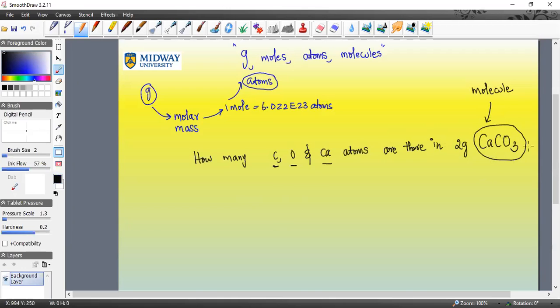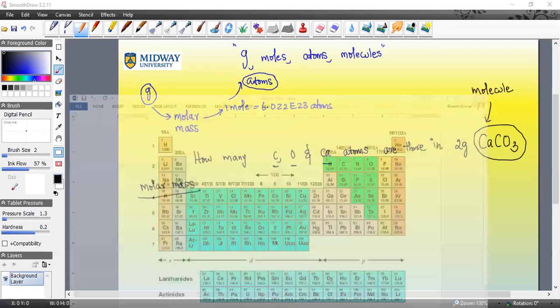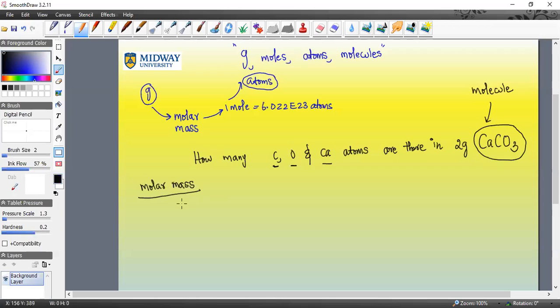But first we got to determine the molar mass of this molecule. So let's get the molar mass calculated first. Whether you use it or not, go ahead and calculate it so you get into the practice of it. Calcium's atomic mass is roughly around 40. Again, don't get bogged down. The periodic table says 40.08, but I am used to 40, so I'm going to stay within my comfort zone.